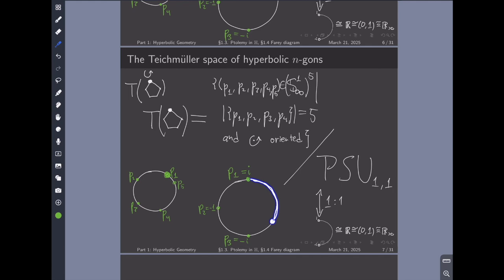So for where to choose the fifth one from, I will always have this sort of open interval, but of course that open interval depends on which one the fourth one was. But topologically, it's just an interval.